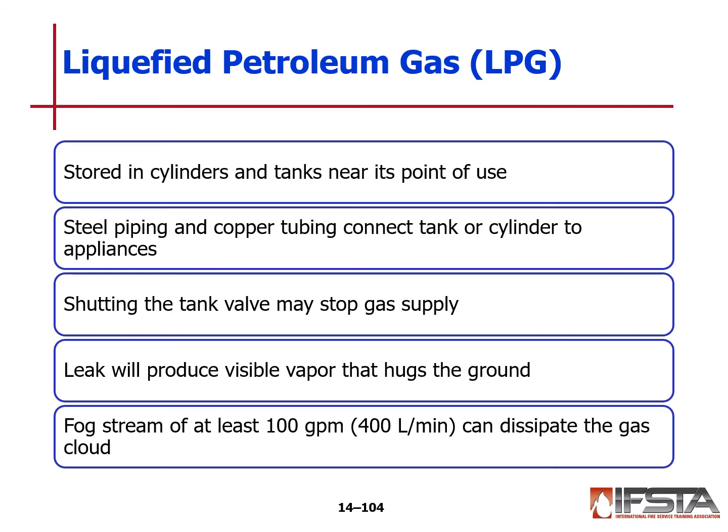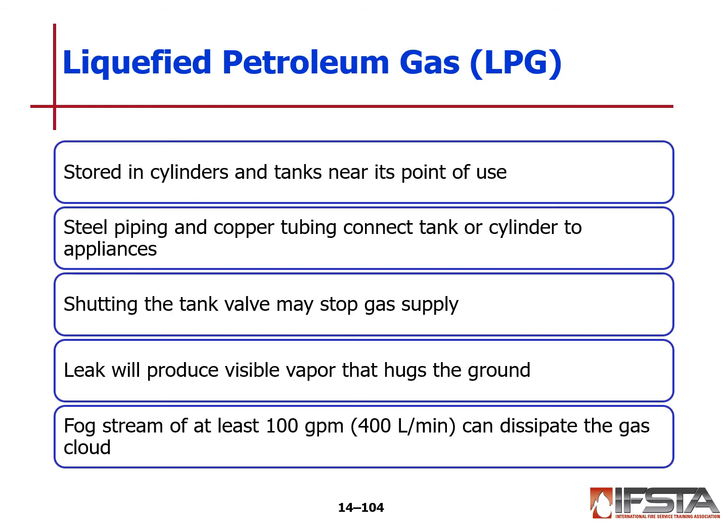So this is usually stored in cylinders and tanks near the point of use. Steel piping or copper tubing connect the cylinder or tanks to the appliances. Shutting the tank valve may stop the gas supply. The leak will produce visible vapor that hugs the ground.